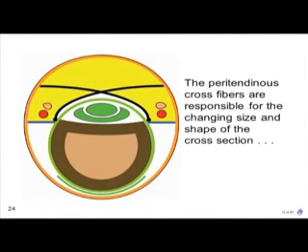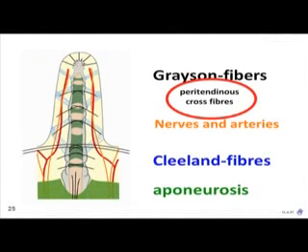The peritendinous cross fibers are responsible for changing size and shape of the cross section, the precondition for a mobile fixation. The crossing fibers have transverse and oblique orientation. They are packed densely side by side. No fiber continuum as a bridge from palm to finger.